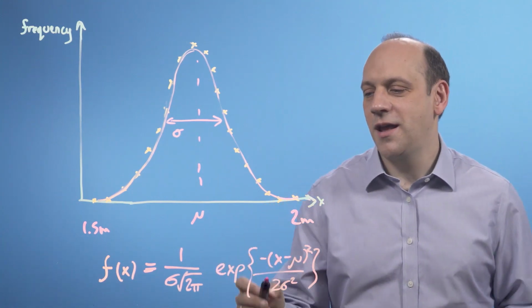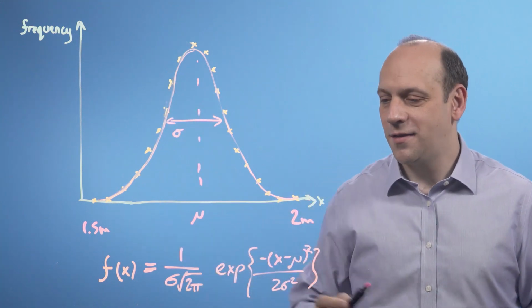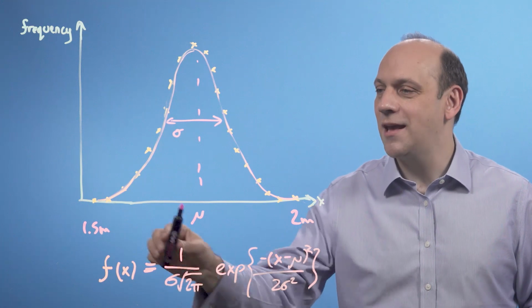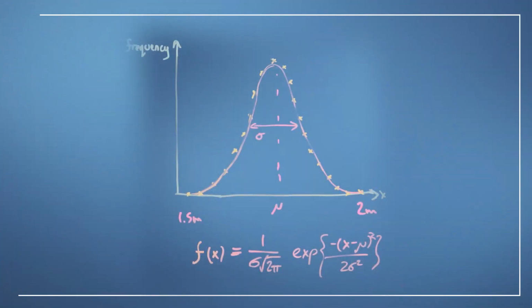So this equation only has two parameters, sigma here and mu, and it looks like this. And it has an area here of 1 because there's only 100% of people in the population as a whole.